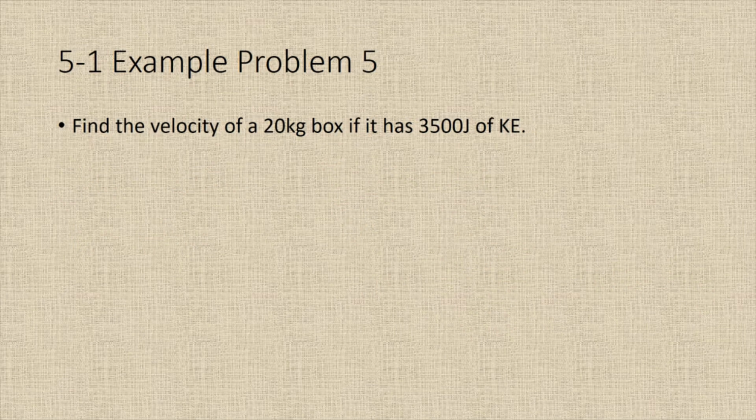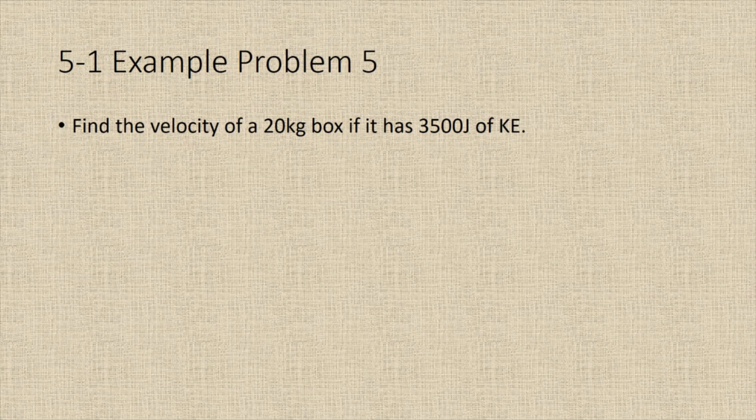So continuing on here, we're taking a look now at problem 5. Now this one's a little bit more straightforward. Find the velocity of a 20 kilogram box if it has 3,500 joules of kinetic energy. So this problem is very explicit with what it gives us.